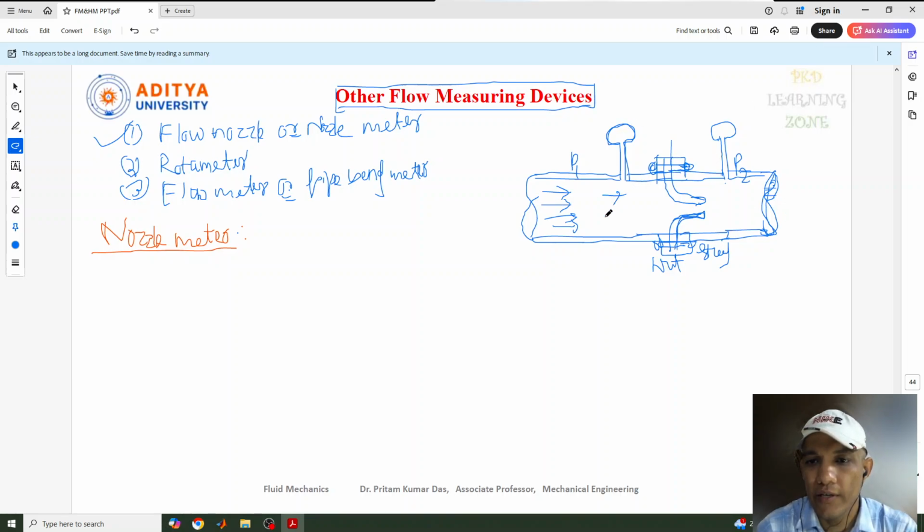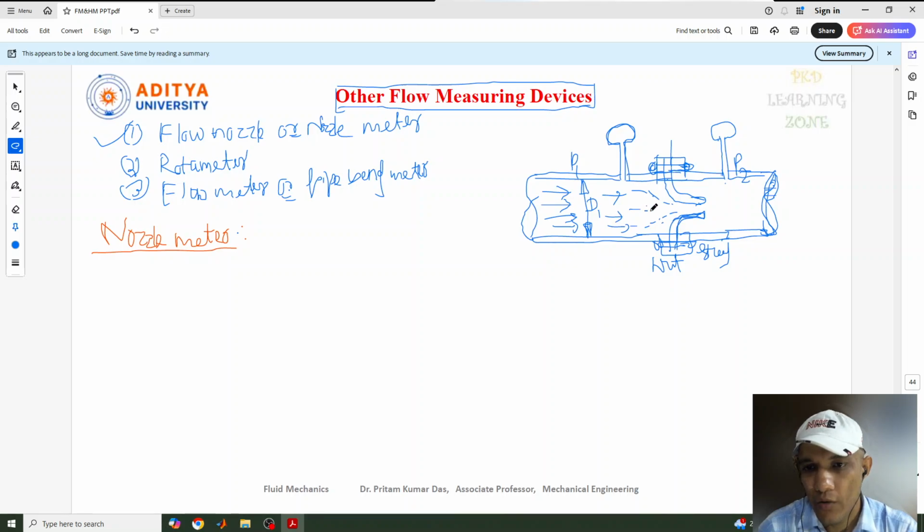Here there is a liquid flowing. At this region, the full diameter of the pipe we can consider as d1. When the liquid comes and flows like this, because there is a nozzle type meter, this concept is called the nozzle meter.